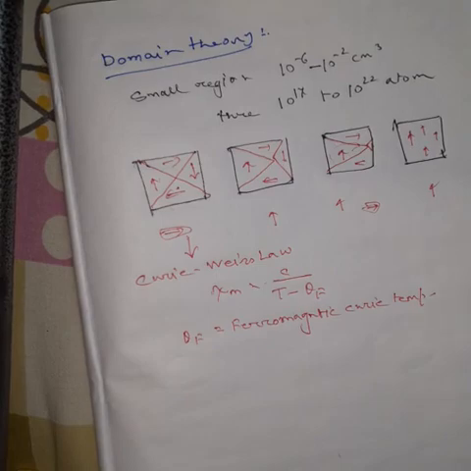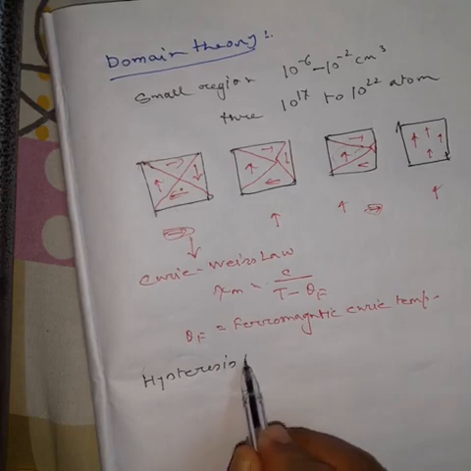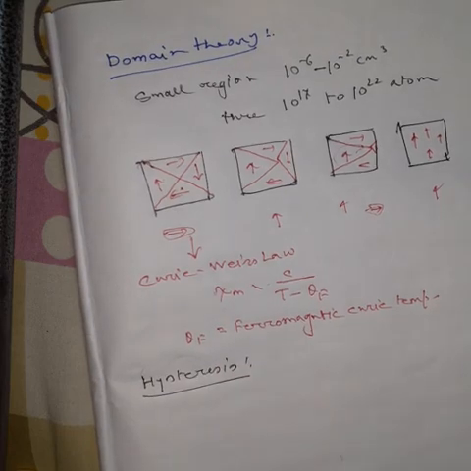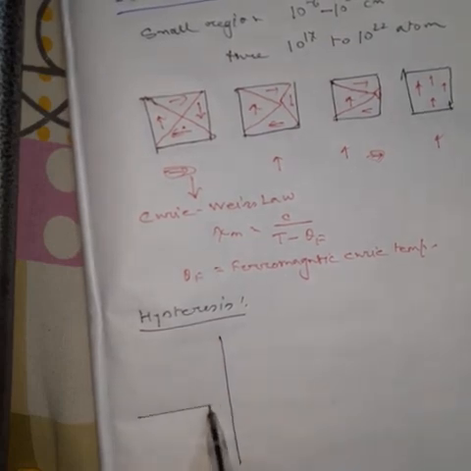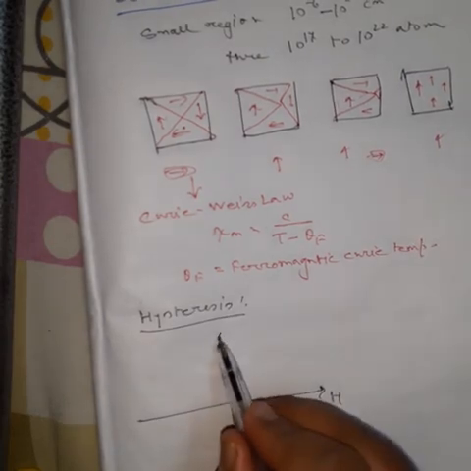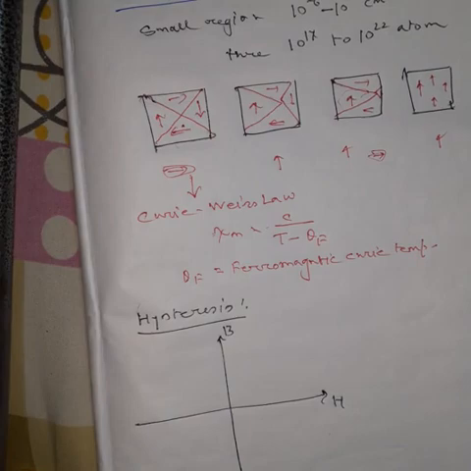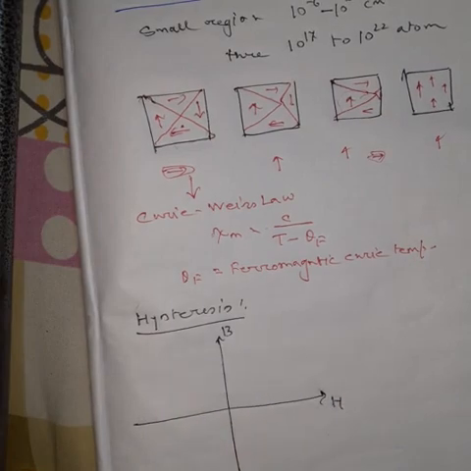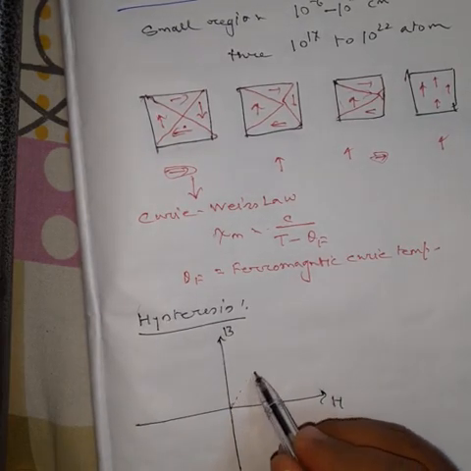Then let us come to another topic called hysteresis. If we have an applied magnetic field and we measure the field inside some ferromagnetic material, this can be seen for a ferromagnetic material. Initially I start from 0 and reach some value.